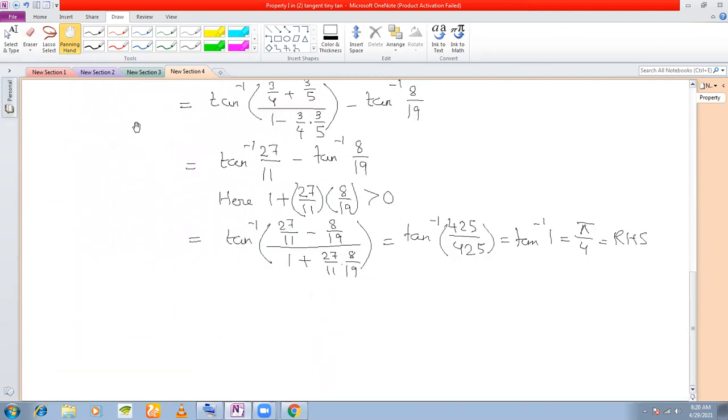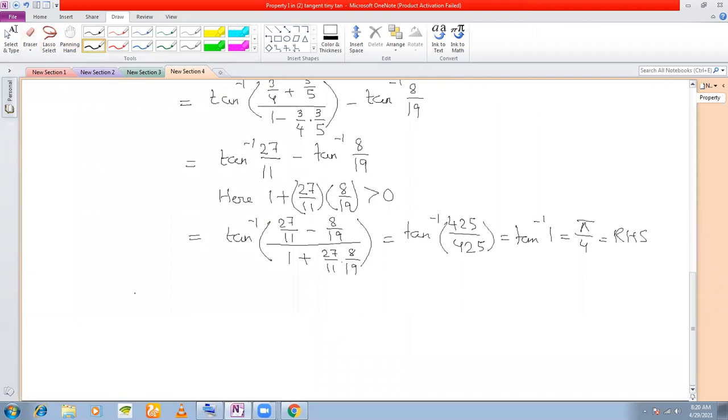Okay, so let's start with this second one. Left hand side is equal to sine inverse 12 by 13 plus cos inverse 4 by 5 plus tan inverse 63 by 16.